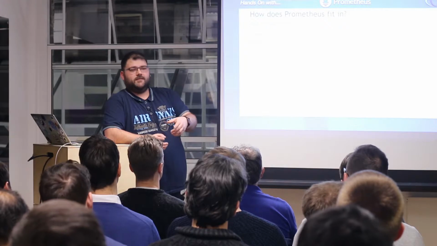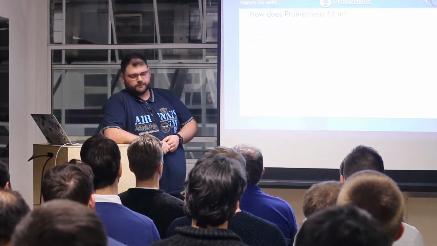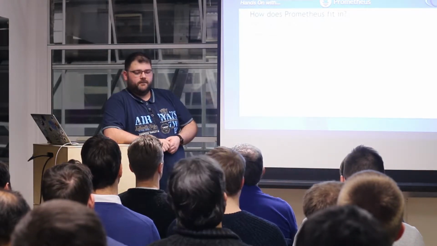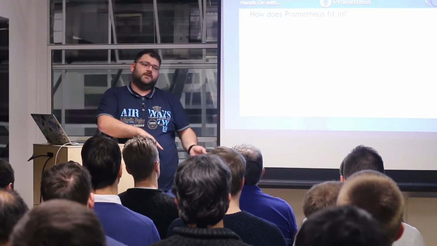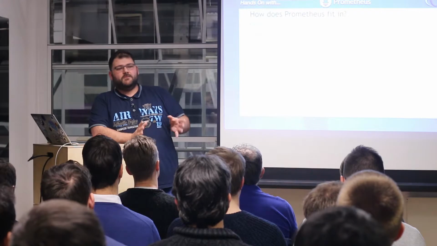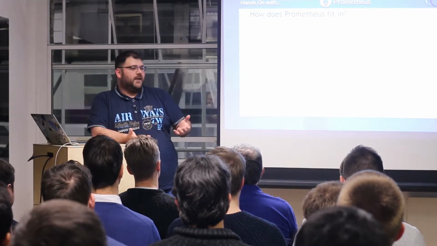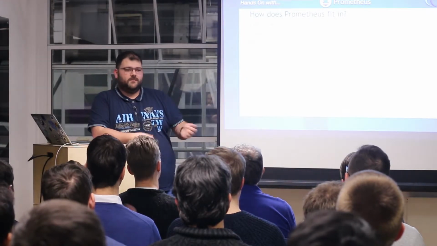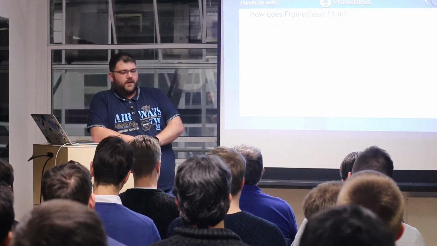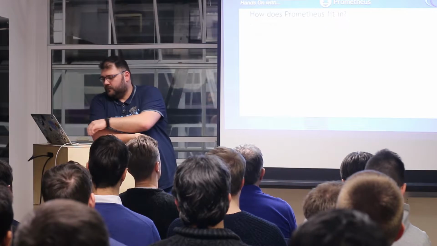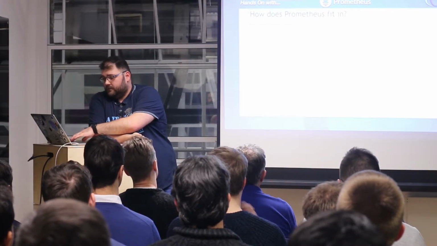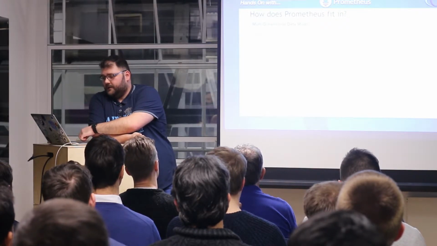StatsD aggregates it, puts it into WhisperDB, and so on and so forth. We're not doing that anymore. We're doing the other way around, which makes it very cloud native. You know, in the cloud, we always do communications over normal HTTP.